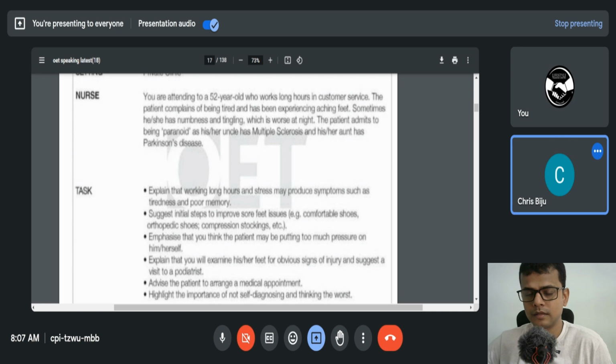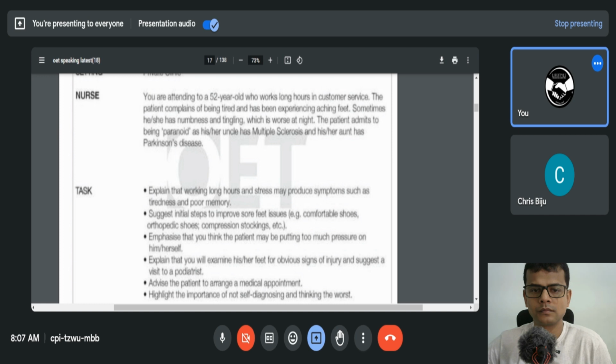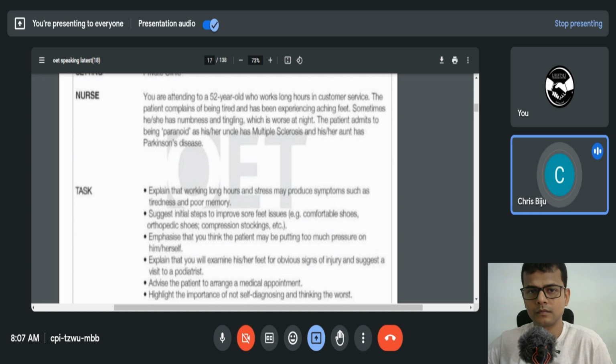What the initial steps you need to do to improve your feet issues.